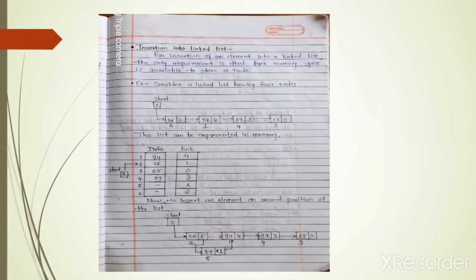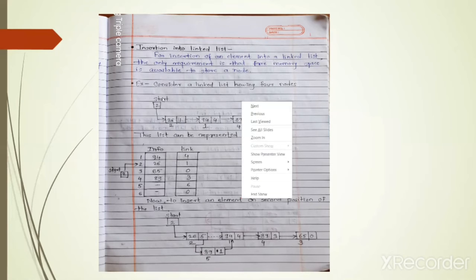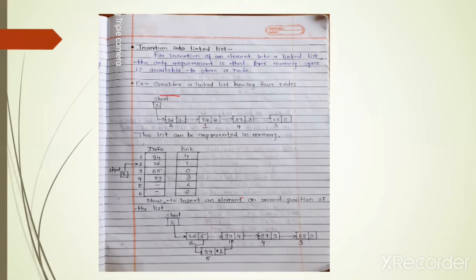For example, consider a linked list having 4 nodes that are 26, 94, 89 and 65. Now this linked list is represented in memory here. First array is info, second array is link.